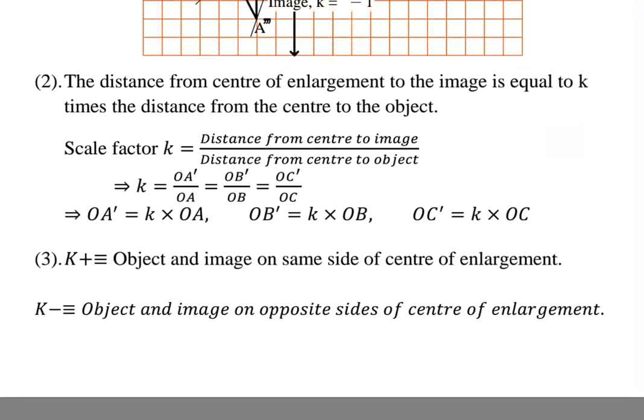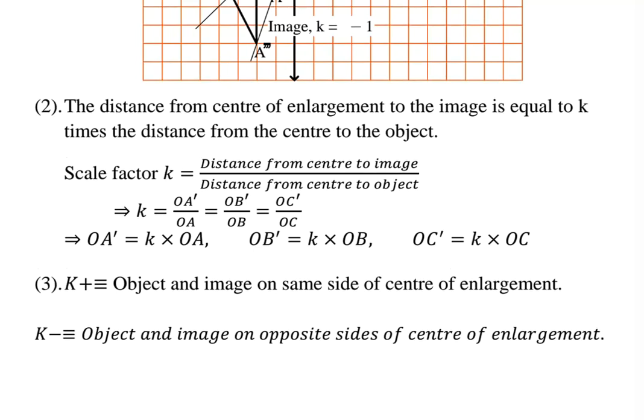Some other features: the distance from the center of enlargement to the image is equal to K times the distance from the center of enlargement to the object. This is a principle that we actually use to obtain the images.